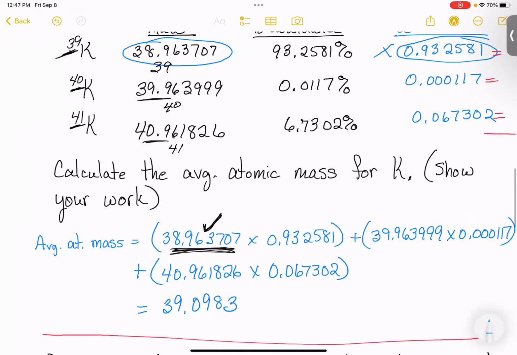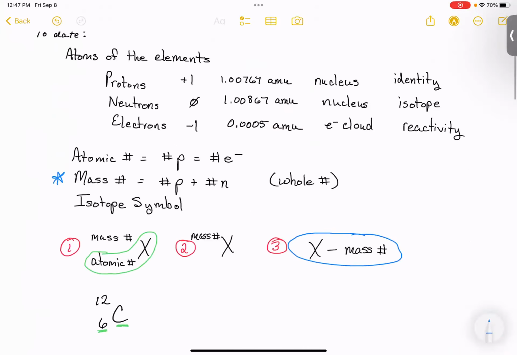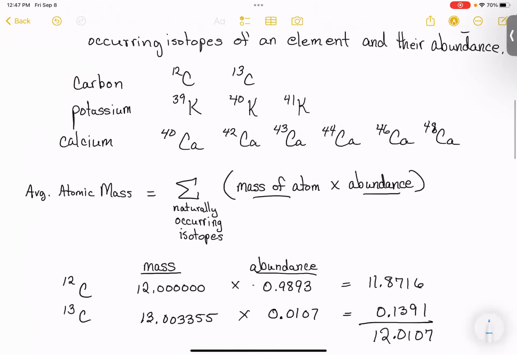For this exam, you will also receive this formula. So I give you formulas where possible. Any questions?